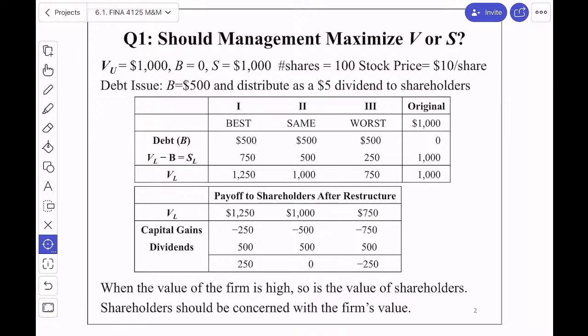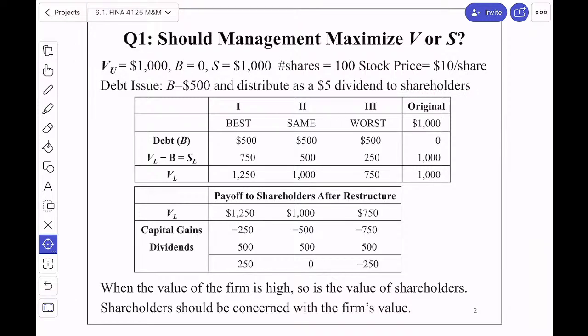So what happens if the firm decides it wants to consider issuing debt? Let's say they do that. They issue debt in the amount of $500. And they turn around and redistribute it as a dividend to the shareholders.